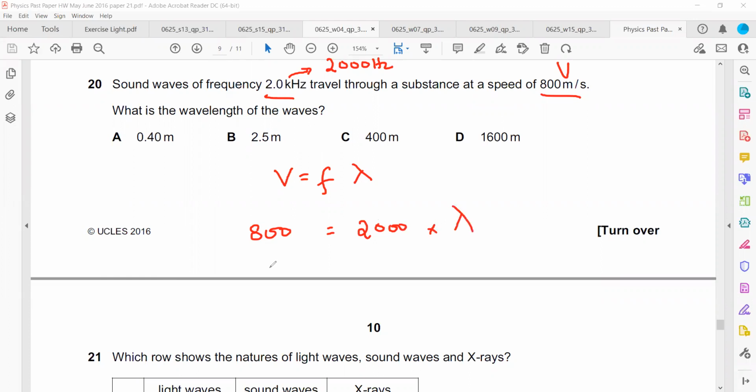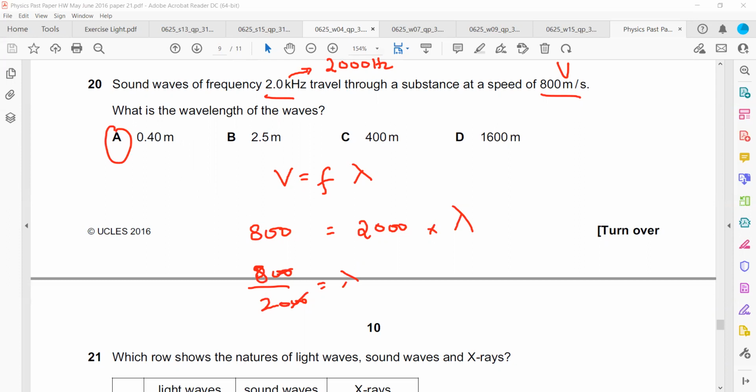So 2000 is multiplied, on the other side it will be divided. So 800 divided by 2000. So it will be 8 divided by 20. When 8 is divided by 20, the only answer which is less than 1 is A. So that's why 20A will be the right answer.